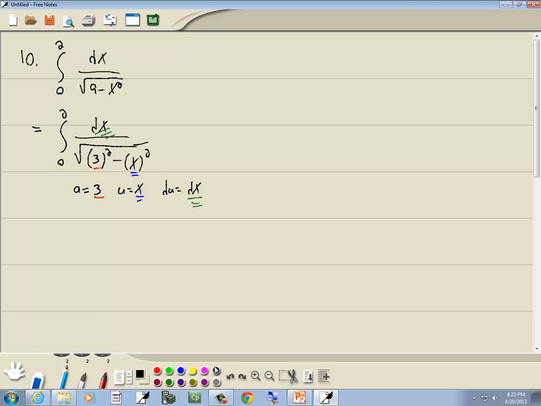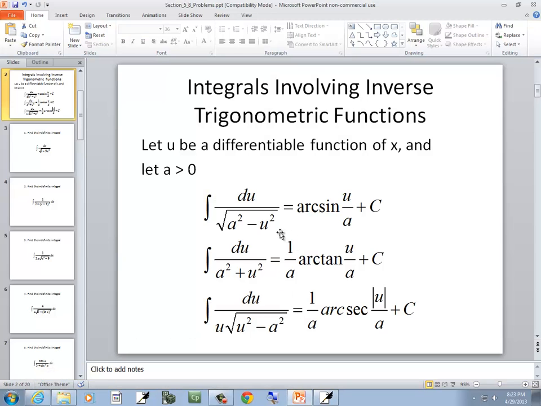So this becomes, and I'm going to put x values here. This is from x equals 0 to x equals 2. And this is 1 over square root of a squared minus u squared du, which matches our formula exactly. So we're going to rewrite that as arcsine.